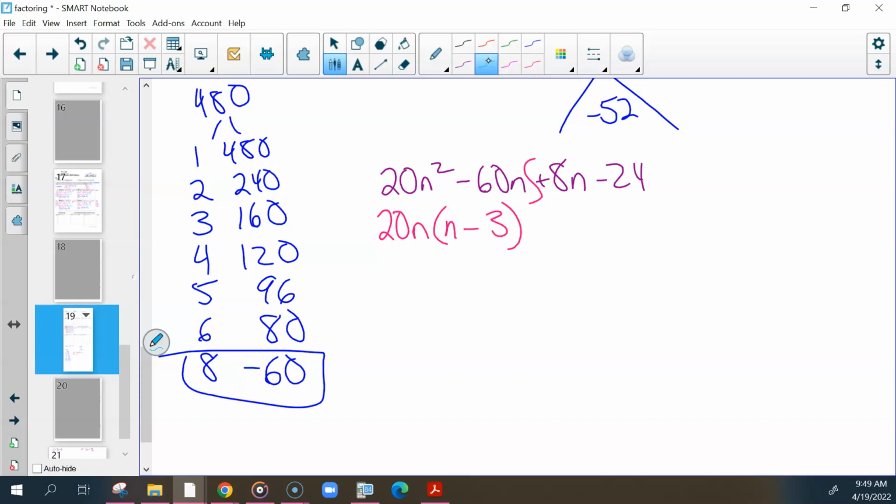which would leave us with n minus 3. So then our factors would be... Now when you look at both of these factors, one of them is not prime.